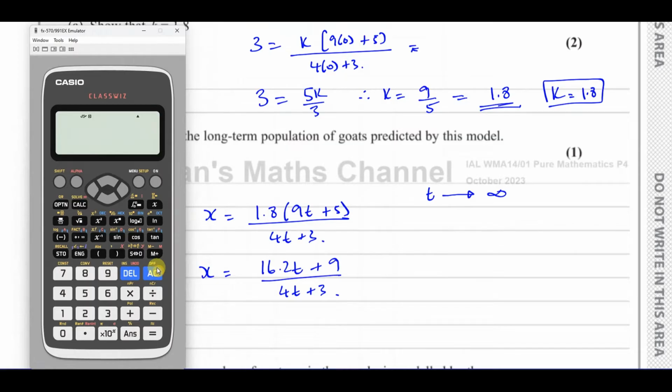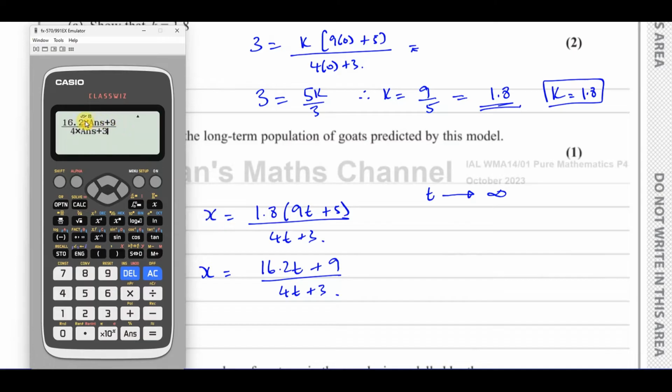a very large number, for example, let's say 10 million. I'm going to press equals, so that's now the answer in my calculator. Then I'm going to do 16.2 times answer plus 9 over 4 times answer plus 3.